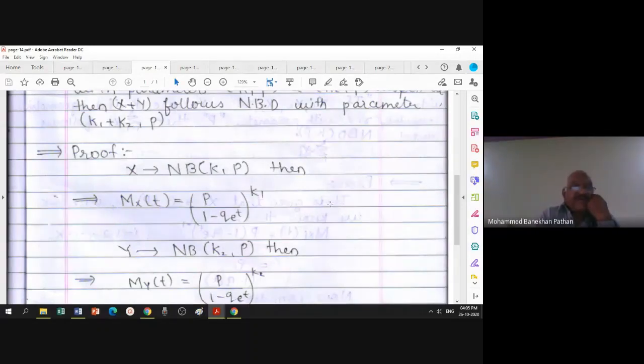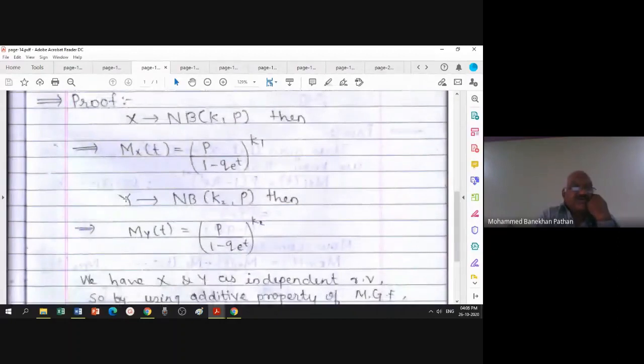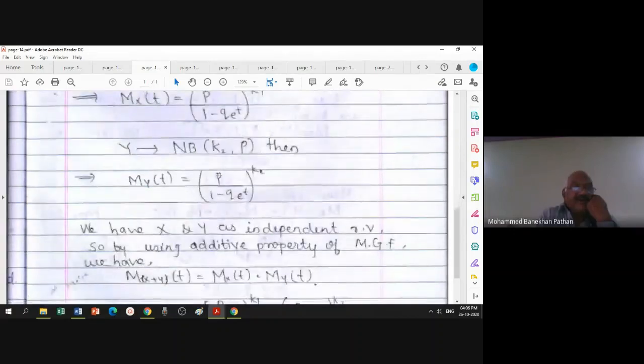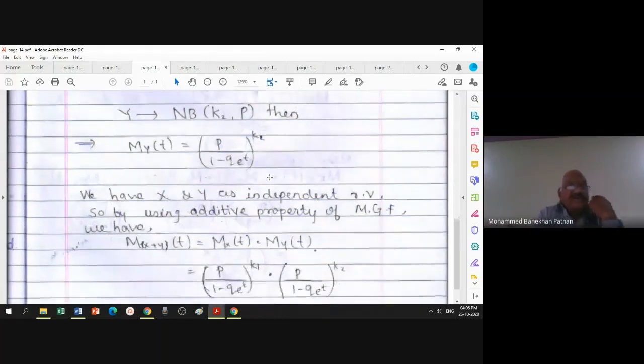Similarly, I have another variable Y, which also follows negative binomial with parameters K2, P. Then the respective MGF is MY(t) = (P divided by 1 minus Q e to the power t) whole power K2. We have X and Y as independent random variables.